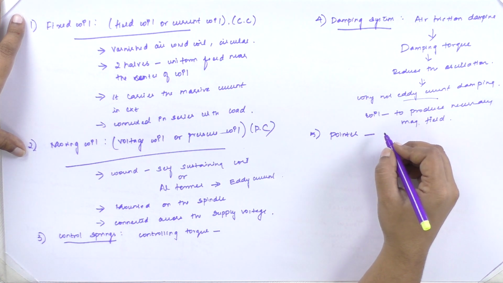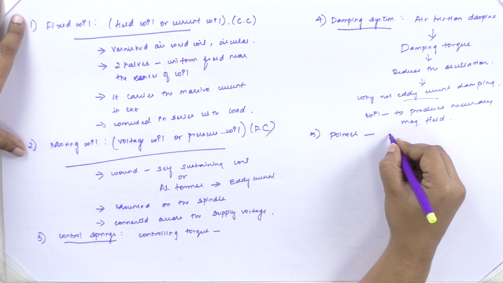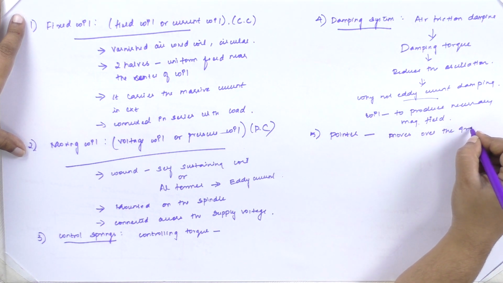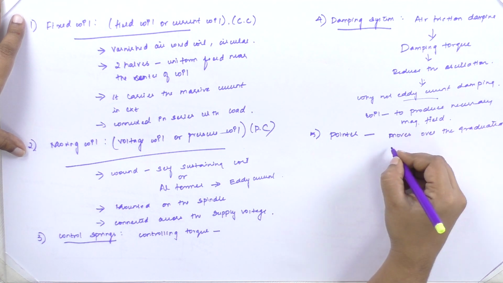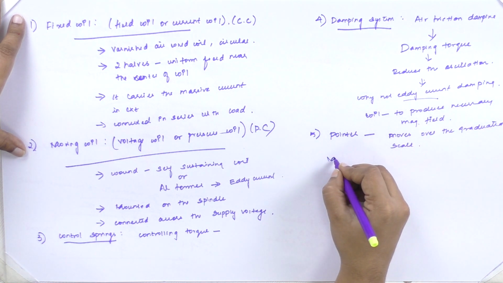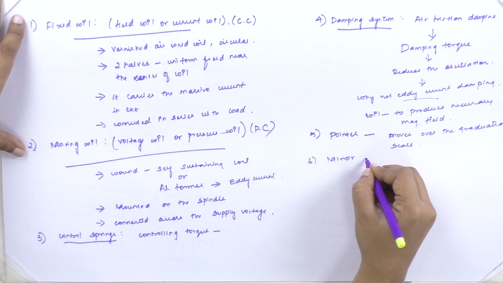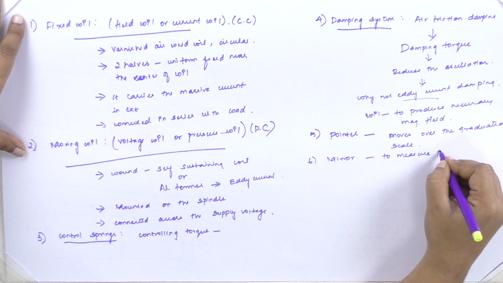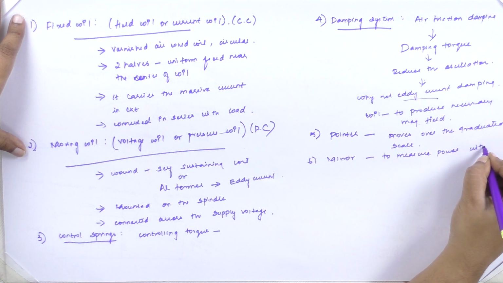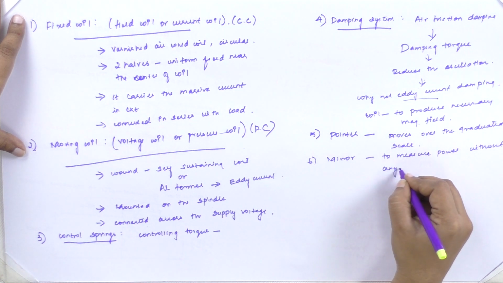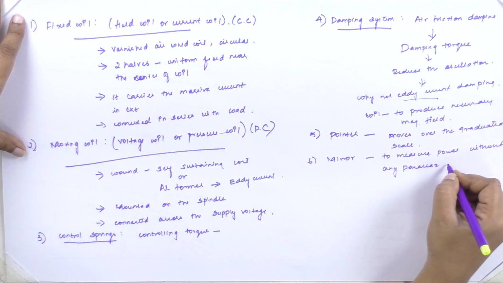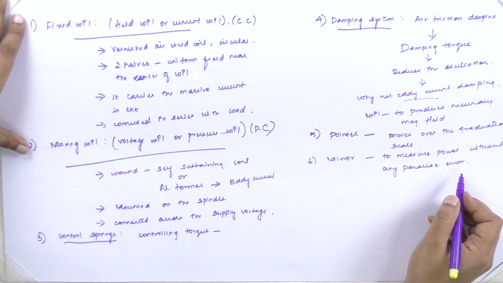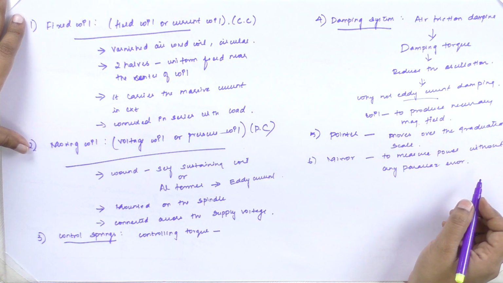The pointer moves over a graduated scale, and there will be a mirror arrangement to measure power without any parallax error. Parallax error is nothing but, as we have already discussed, the error occurring while taking readings.